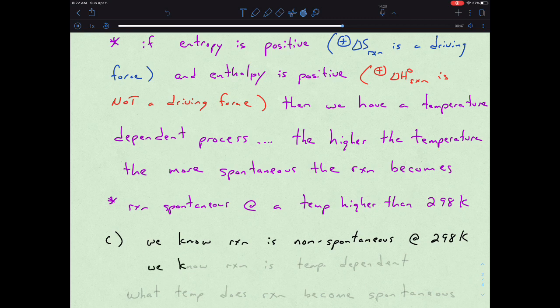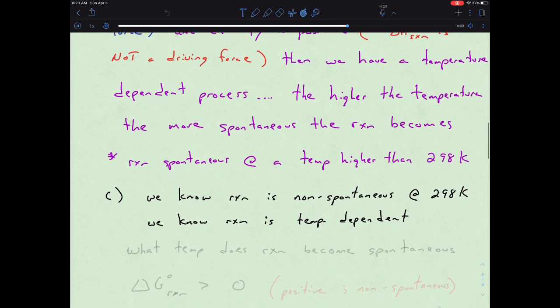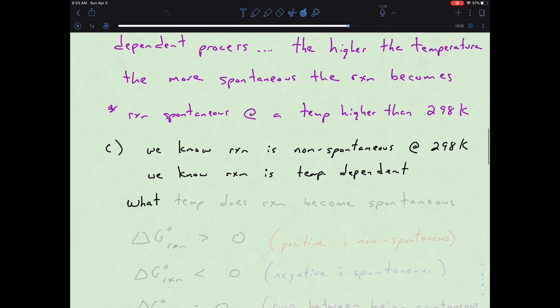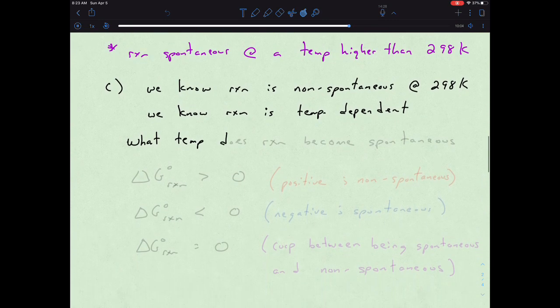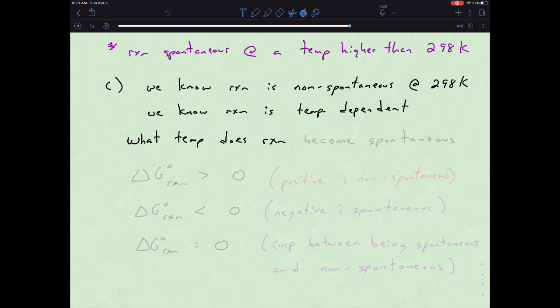We know the reaction is temperature dependent, and that was really parts A and B. And so now we're asking, at what temp does the reaction become spontaneous?